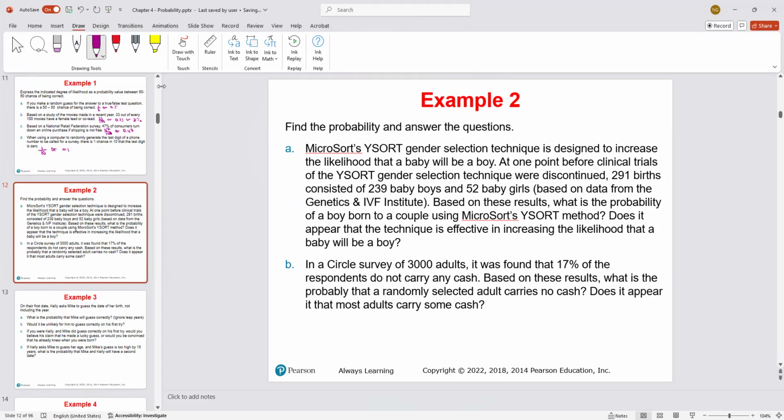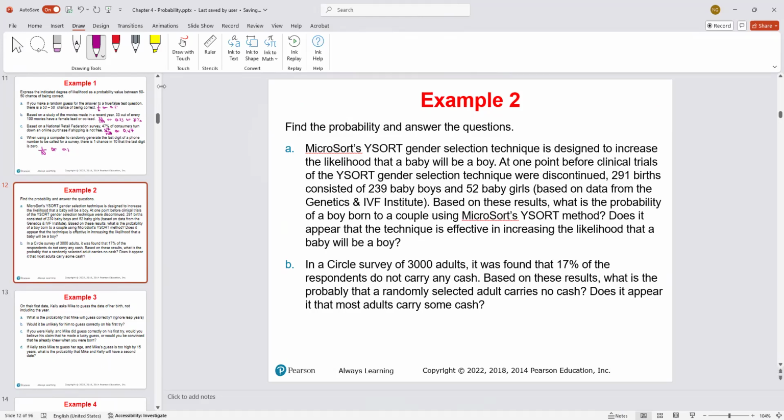So let's say for an A, these are two exercises. In the first exercise, it states that Microsoft's Y-sort gender selection technique is designed to increase the likelihood that a baby will be a boy, right?